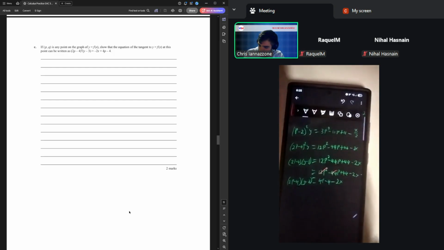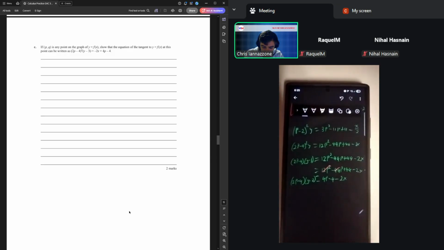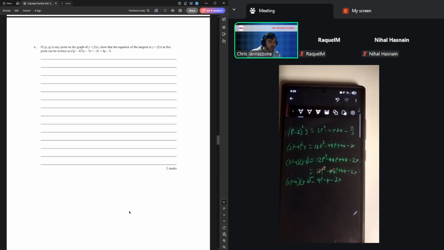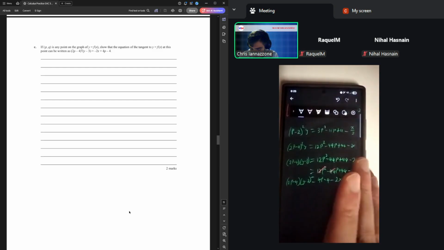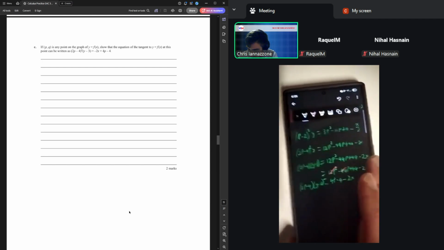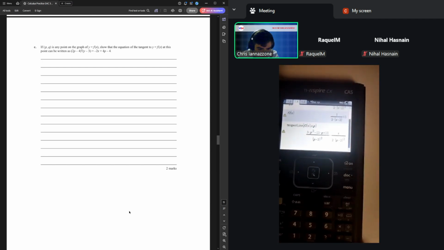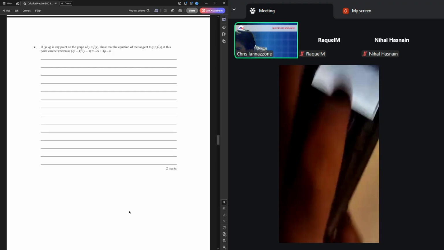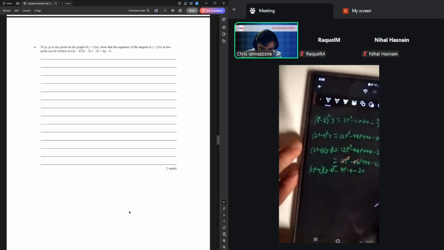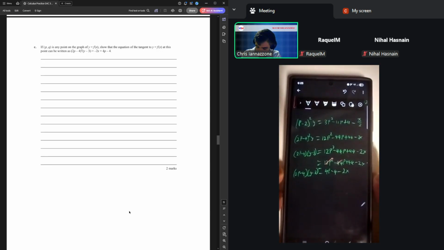One of the things I was thinking of doing was actually going back and doing the whole y equals mx plus c version of the tangent line, because this was starting to look like it was too complicated to work with, this version of it. So yeah, I'm actually quite impressed that you managed to find a nice solution to get there. Good job.